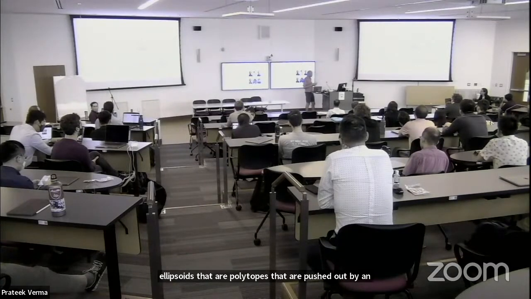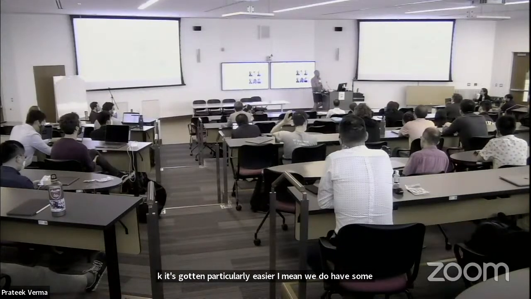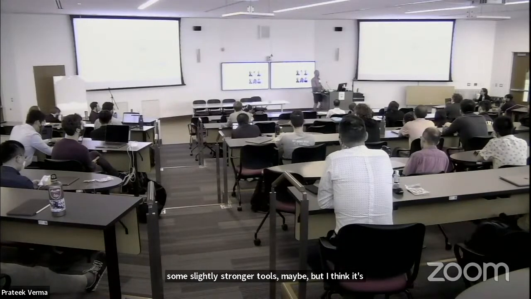So they tend to be very big spaces. Like the shelf example, it just took 8 regions to get all the places we wanted to get. So I don't think it's gotten particularly easier. We do have some slightly stronger tools maybe, but I think it's worth the computation. You get a lot from a little bit of extra pre-computation.